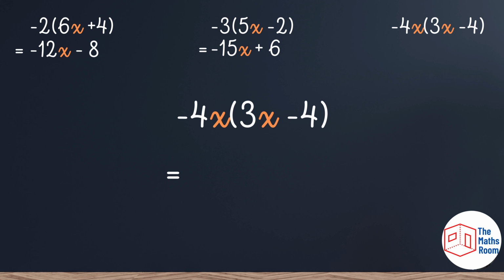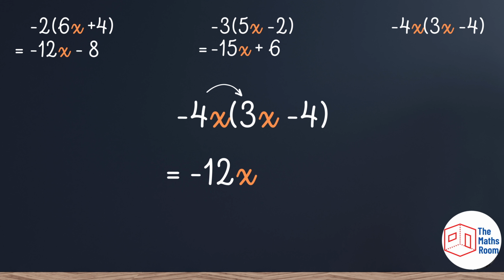Right, now we have a term on the outside of the brackets that has a 4 and an x and a negative. So you need to be extra careful here. So negative times a positive, we know that the first term is going to be a negative. So you can just write that down at the start. And 4 times 3 is 12, but now it's also an x.